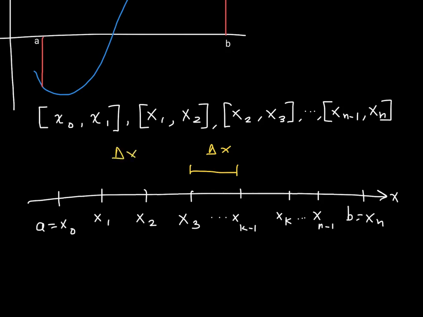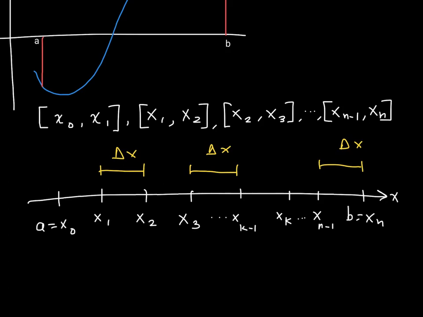This would be delta x. All of them would be delta x, right? Of course, it doesn't look like that's true here, but it's just because my drawing's a little sloppy. But I'm trying to draw it so they all have equal width. So delta x represents the width of each rectangle, the width of each subinterval.